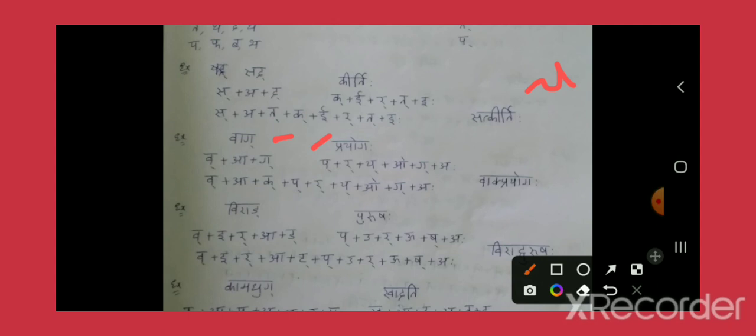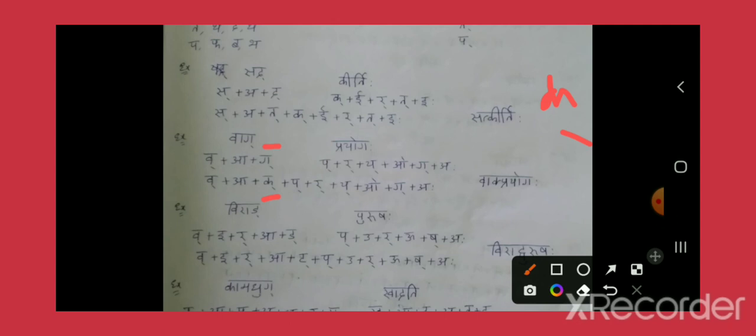Now the replacement should happen on the left hand side, and this gakara will be replaced by the corresponding first letter. Sorry, what is the first letter of kavarga? This gakara belongs to kavarga, right? So what is the first letter of kavarga?